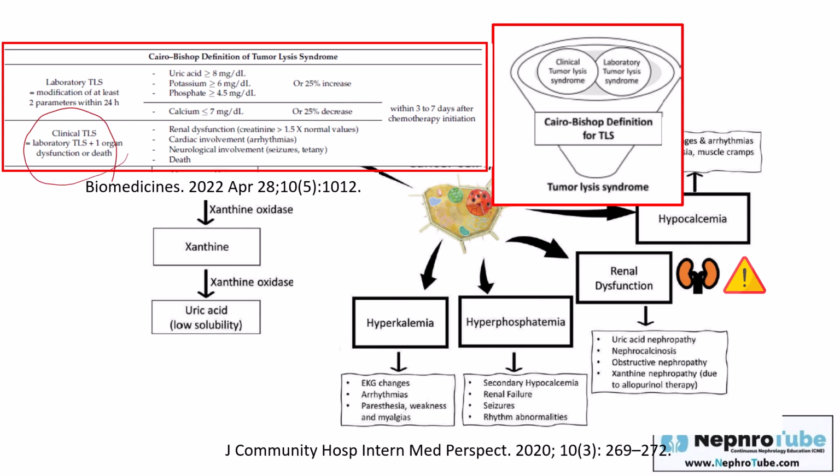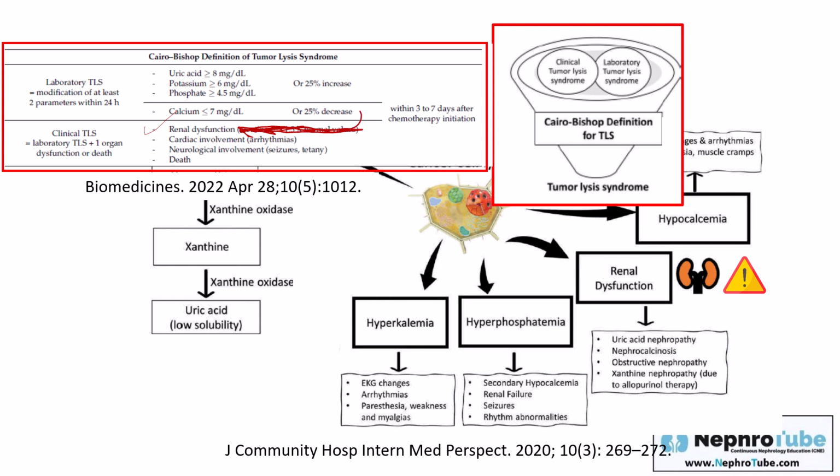Regarding the clinical criteria, it is enough to find only one of these clinical criteria beside the two laboratory criteria to diagnose tumor lysis syndrome. What are the clinical criteria? The presence of renal dysfunction, acute kidney injury. Usually this definition is not used; you have to use the definition of acute kidney injury that I mentioned in the first lecture of this course.